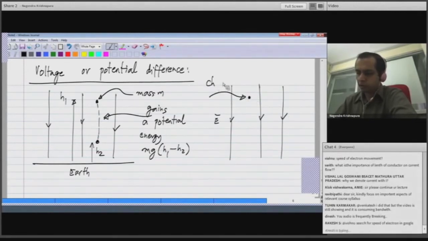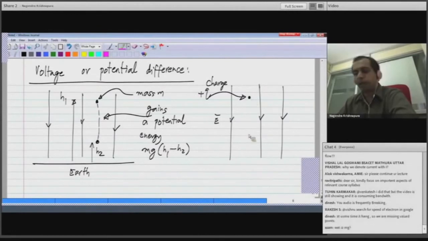So the amount of energy gained is equal to the amount of charge times the potential difference between here and there, and that is V1 minus V2. Similarly, in the gravitational case, the amount of potential energy gained is the mass of the body that is falling times the potential here minus the potential there, which is g times h1 minus h2.